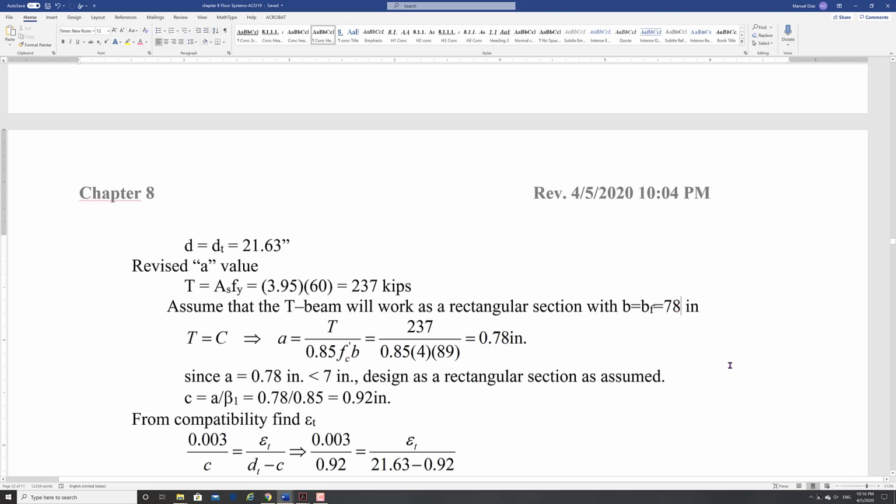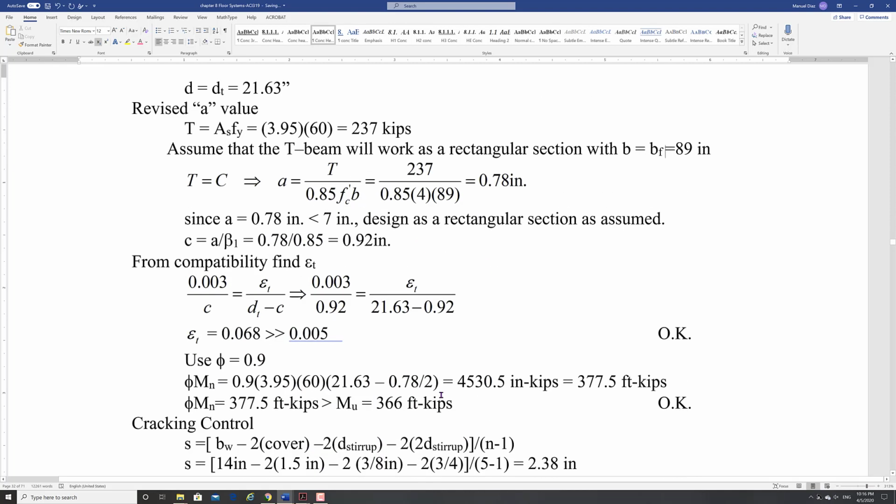We're using 89 here as our b value, which is here, 89. Now, since a equals 0.78 is within the 7 inches, everything is okay. Your rectangular section, we check ductility. We got plenty of ductility, so we are good. Phi factor will be 0.9.